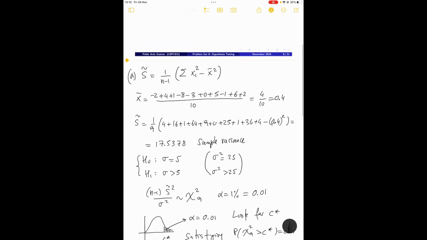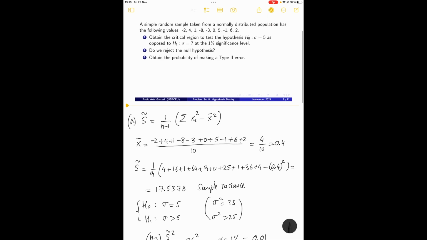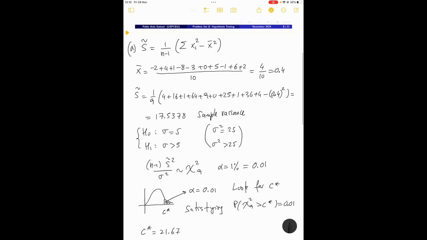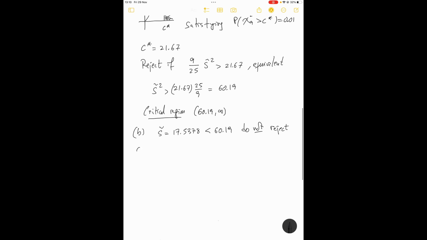The last part of the problem, part C of 3, asks for the probability of making a type 2 error assuming that sigma is equal to 7. That's important. We're going to compute the probability of type 2 error under this assumption, because this probability changes with sigma. A type 2 error means we do not reject the null hypothesis, but the alternative hypothesis is true, sigma is equal to 7.